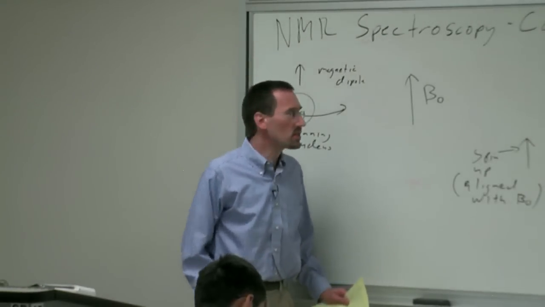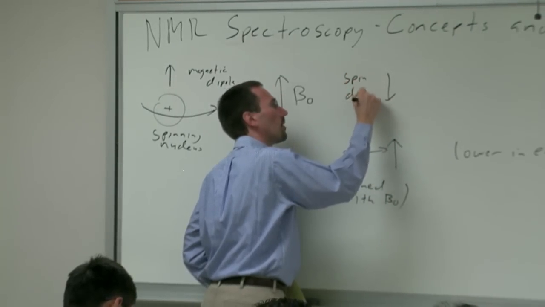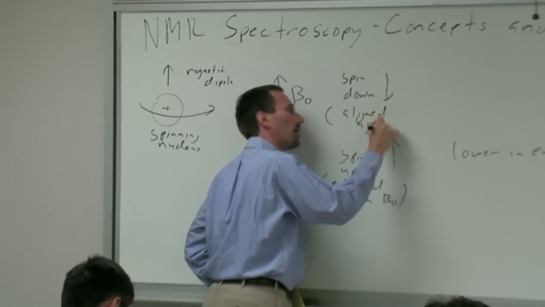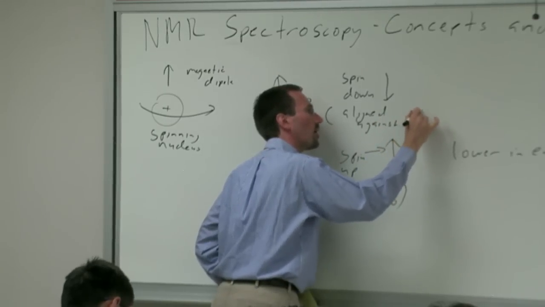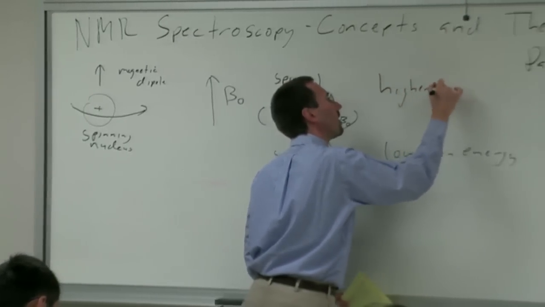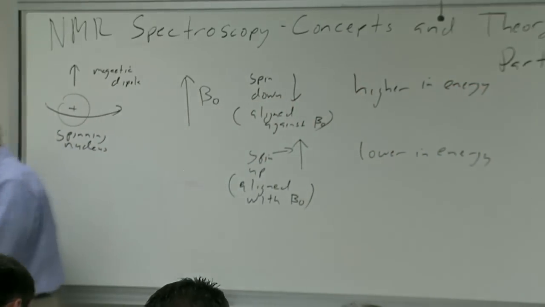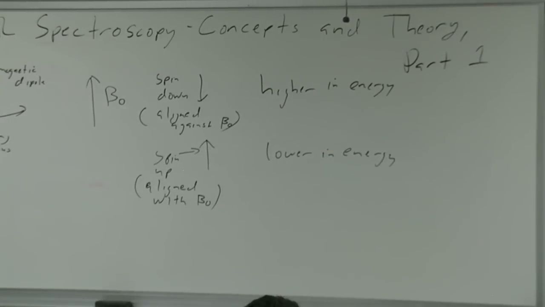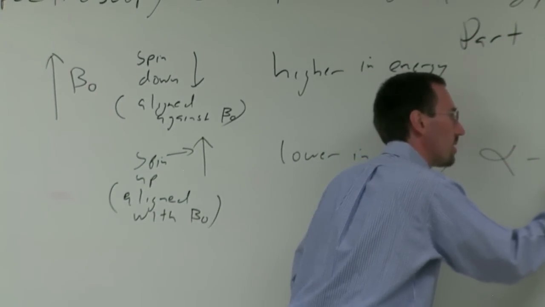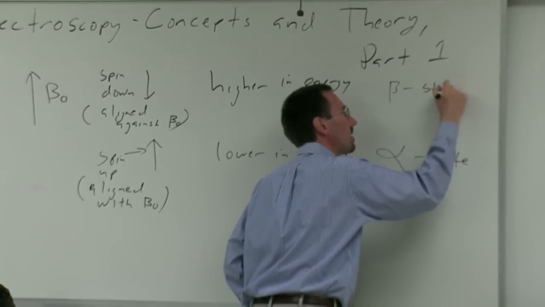And if it's spin down, meaning aligned against B0, then we're higher in energy. And throughout our discussion, we'll refer to the lower energy state as the alpha state and to the higher energy state as the beta state.